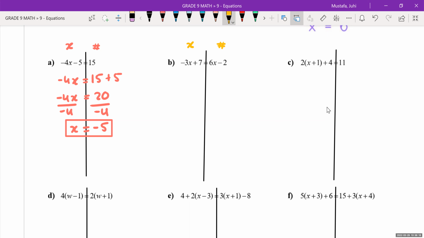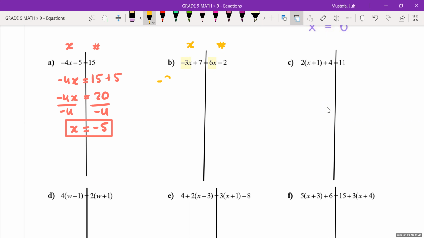Okay, so in this question, we're doing a double swap because I have a term with x on both sides. I have one here and I have one here. I want to try and move the 6x over to the left-hand side, and I want to move the positive 7 over to the right-hand side. I also have to remember that every time I move something over the magic wall, it changes the operation.